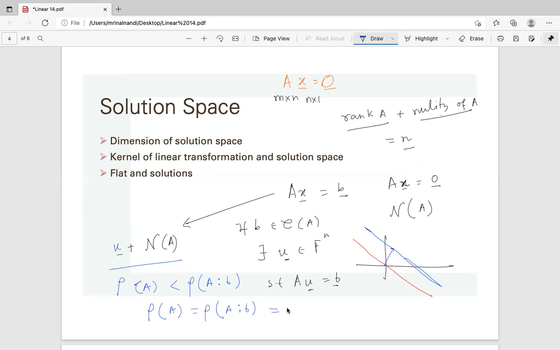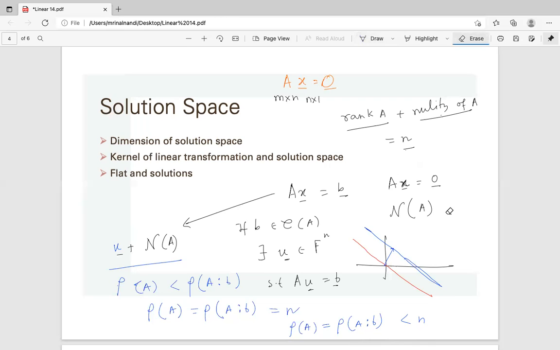If the rank is exactly n, then the nullity of A is 0, so it is a unique solution. If it is less than n, there are infinitely many solutions. It can't be greater than n.